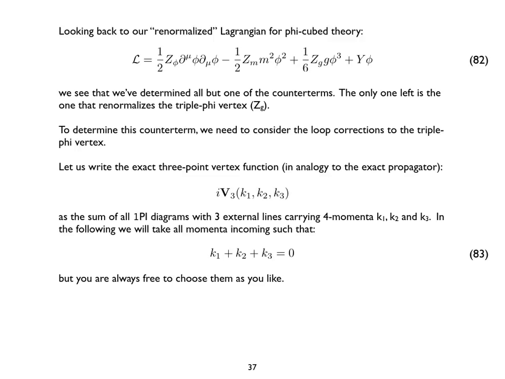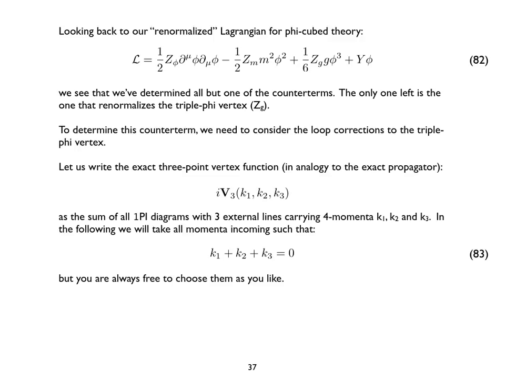Okay, so I could put in a loop here, and I could do the same thing on this leg, and then I could do the same thing on this leg, and then finally I have this piece. Those are all the same order in the coupling constant. Everybody agree with me?